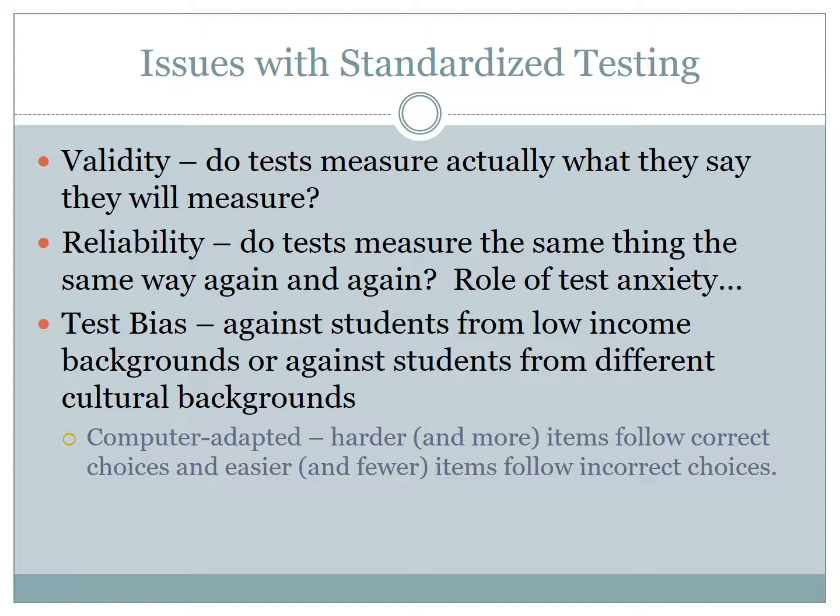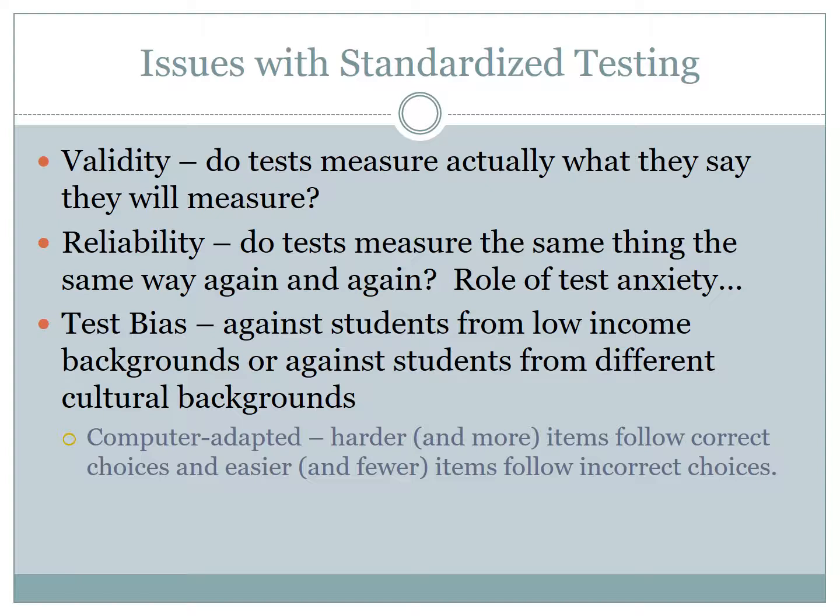One of the things that computers have added to standardized testing is that they've become computer adapted. And so if you've ever taken a standardized test and you sat down and the more questions you were asked, the harder the questions got, you might have taken a computer adapted test.